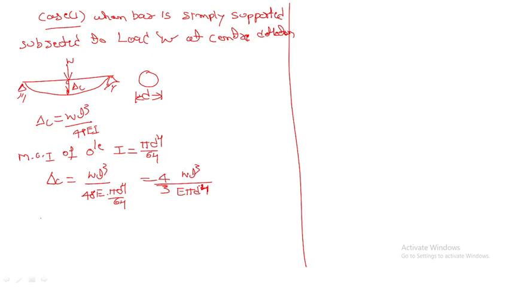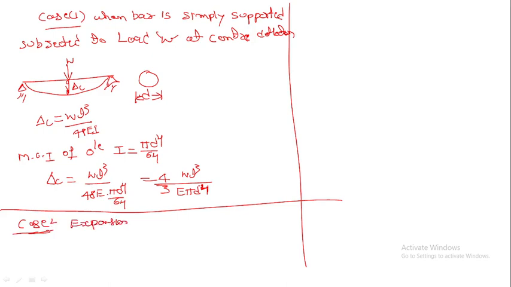Now case 2. I will start from here only because space is very less. Case 2: the extension of the uniform circular bar due to the same load.